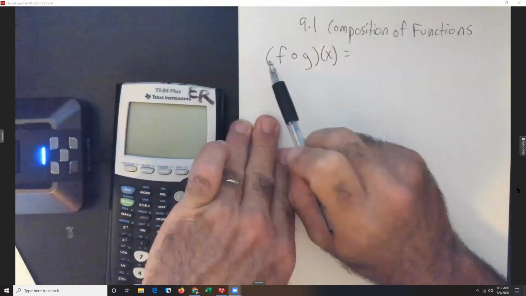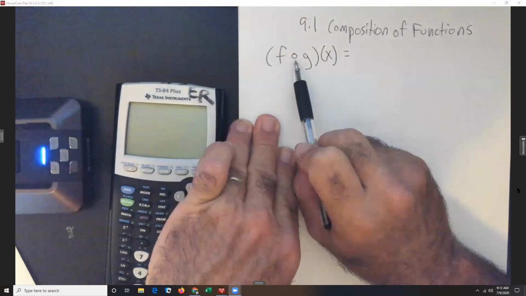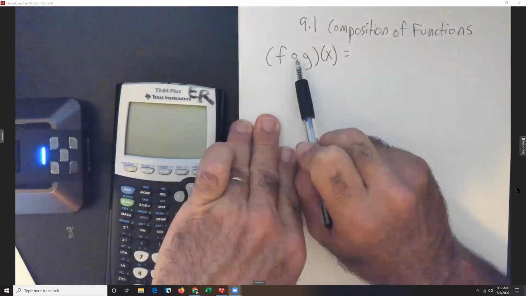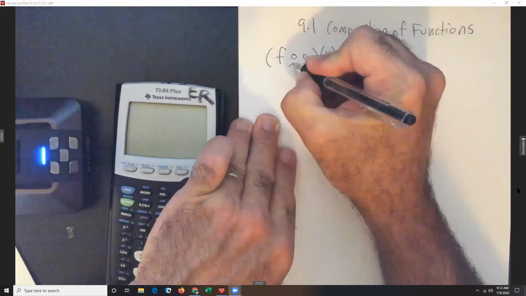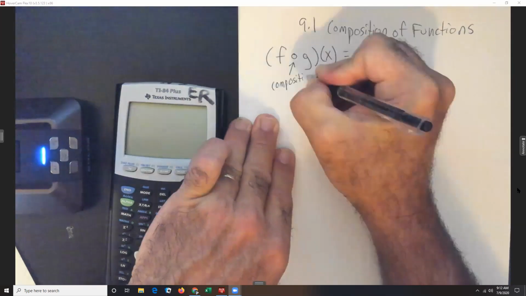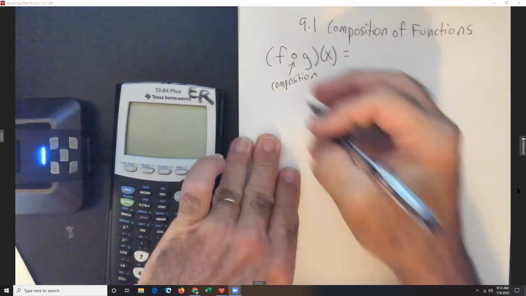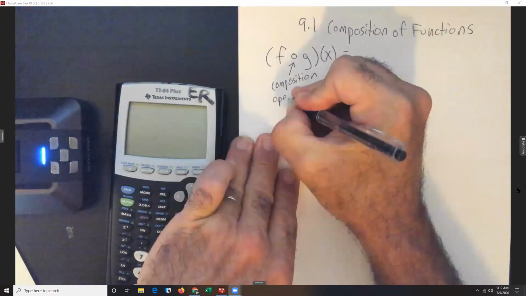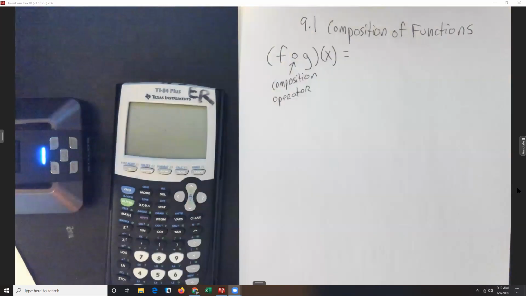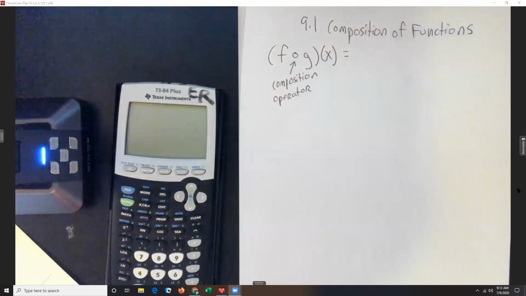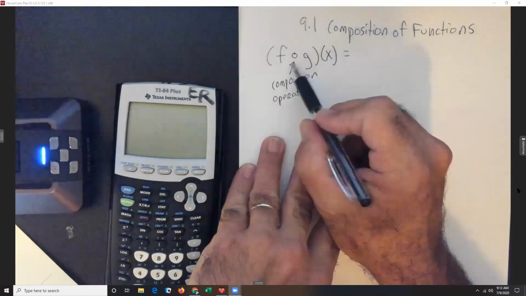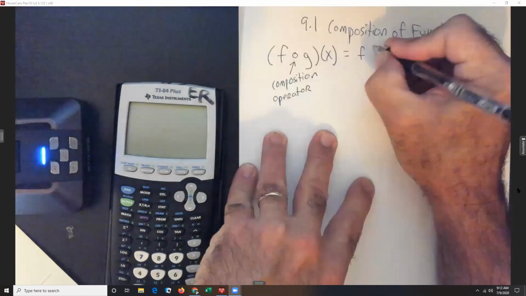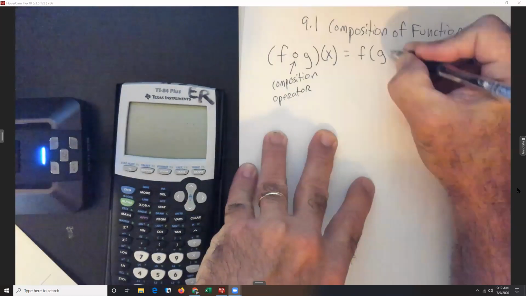That's almost like a degree symbol. But this is what we call the composition operator. So composition operator. Now, all this means f of g of x is f of g of x.